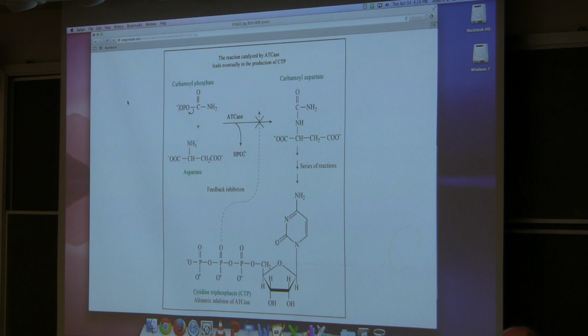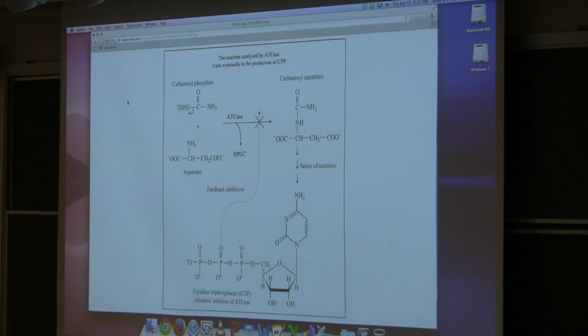ATCase catalyzes the first reaction in the synthesis of CTP. CTP is a nucleotide. Now, you'll notice I said the first reaction. When we make nucleotides, we start with very simple things, and it takes a series of reactions.